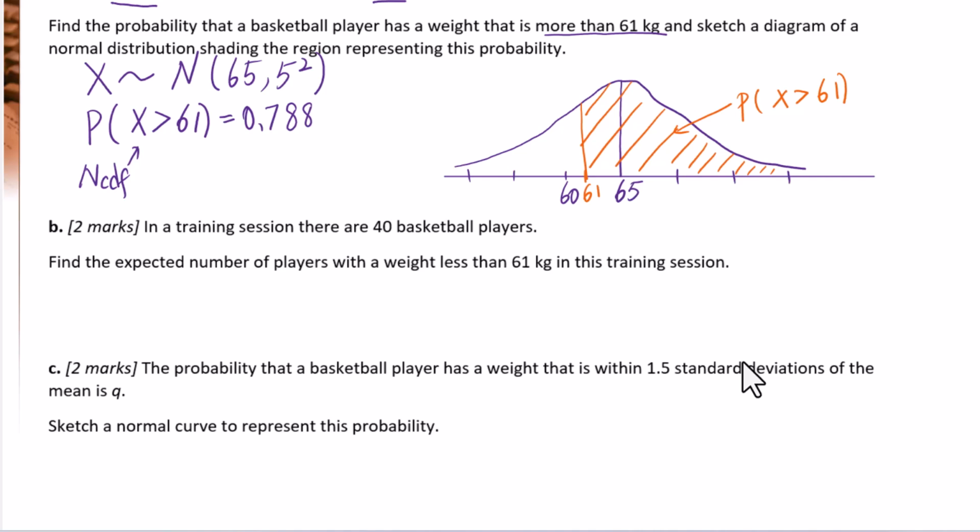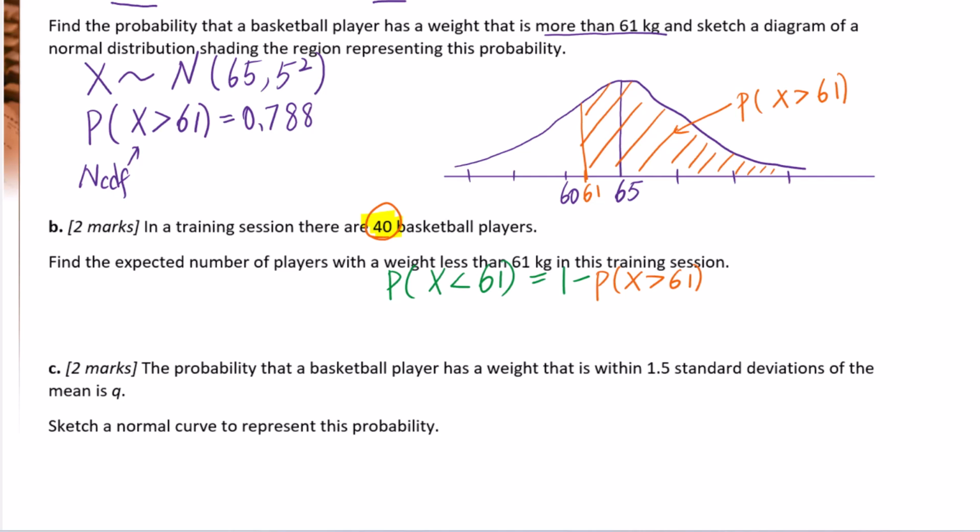B. In a training session, there are 40 basketball players. Find the expected number of players with a weight less than 61 kilogram in this training session. Probability of X less than 61 equals, we already figured out in A, probability of X greater than 61 equals 0.788.